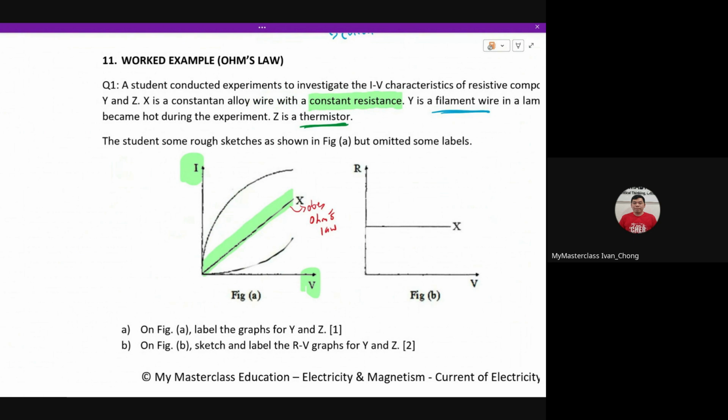For your lamp filament, increasing temperature, I have increasing R, I have decreasing 1/R. So the gradient itself is decreasing. So this must be Y. Then I'm just left with this being Z.